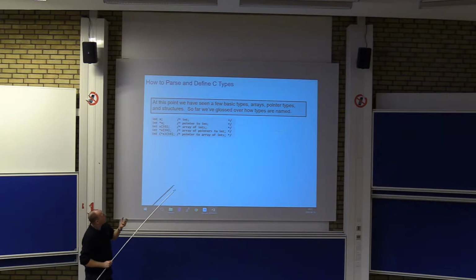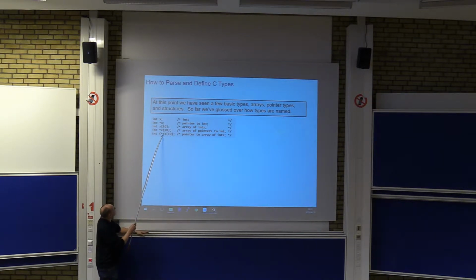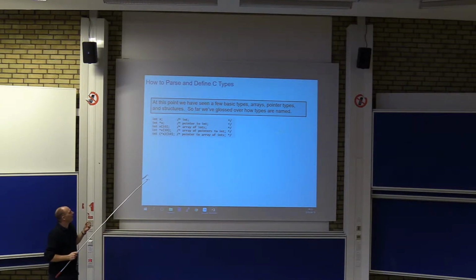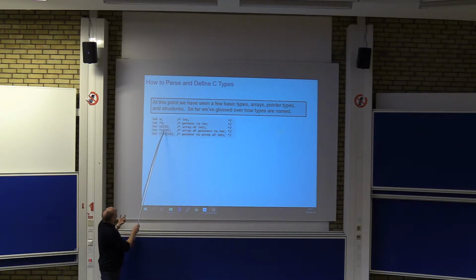Okay, so if you would like to have the other way, so you would like x to be a pointer to an array of integers, then you would put the parentheses around the star x here. So do you see the difference now between having an array of pointers? Then the array will have 10 elements where each element is an address to an integer.